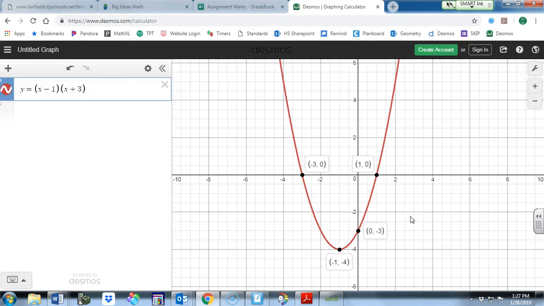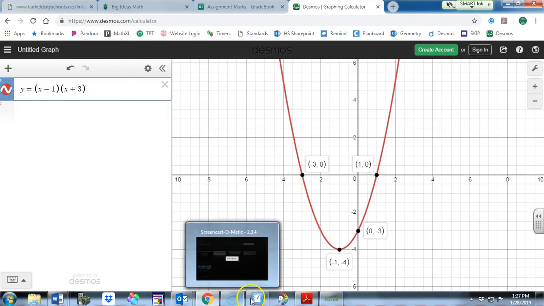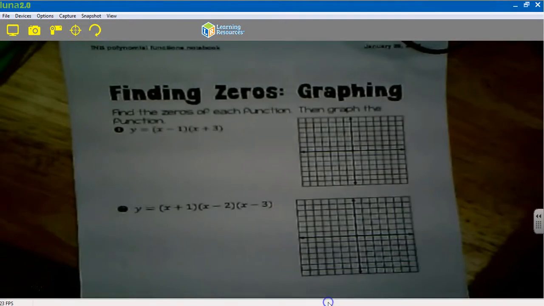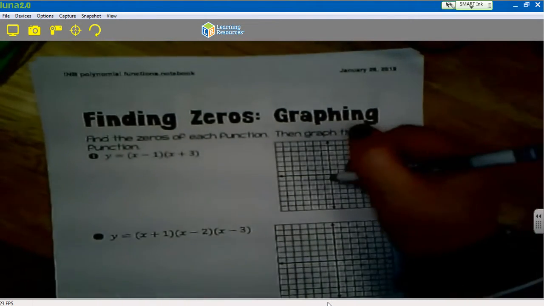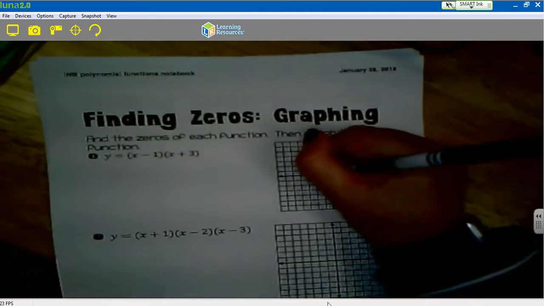But the question is asking us to find the zeros. The zeros are where the graph crosses the x-axis. So if we go back to our graph, we're going to graph this by hand. We have a value at negative 3, 0.